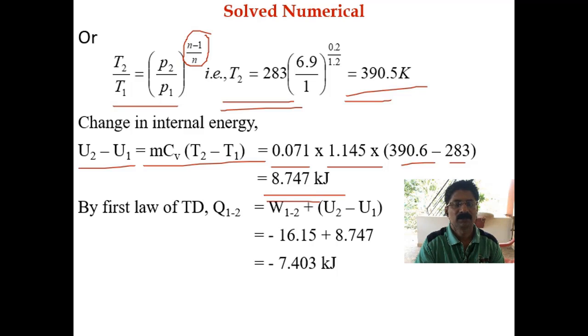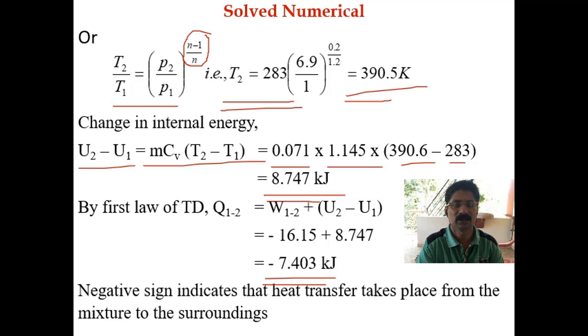Now by the first law of thermodynamics, Q12 is equal to W12 plus dU, or U2 minus U1. So if you substitute, you will get the answer as minus 7.403 kilojoules. So the negative sign indicates that heat transfer takes place from the mixture to the surroundings, because negative means the heat is rejected. So 7.403 kilojoules of heat is rejected to the surroundings.